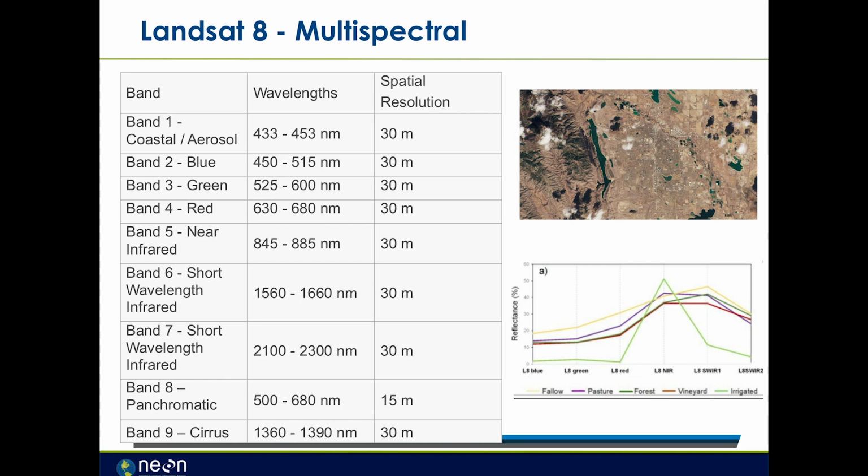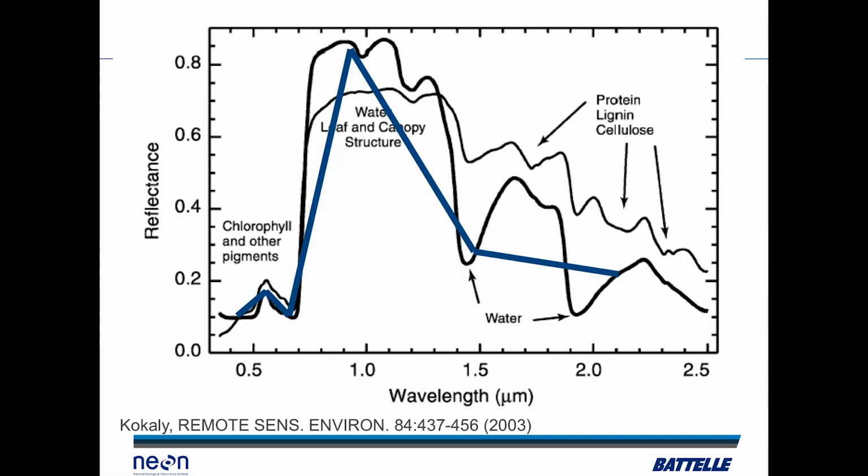Just to give you a recap, this is Landsat 8 and what it collects, a sample Landsat 8 image. And on the bottom here, these are spectral curves from Landsat 8 off of different land cover types. I want you to notice the coarse spectral resolution associated with those different spectral curves. If we compare to what we're getting from the hyperspectral sensor, we're getting this nice smooth curve because we're getting a data point every 5 nanometers instead of those wide ranges between.